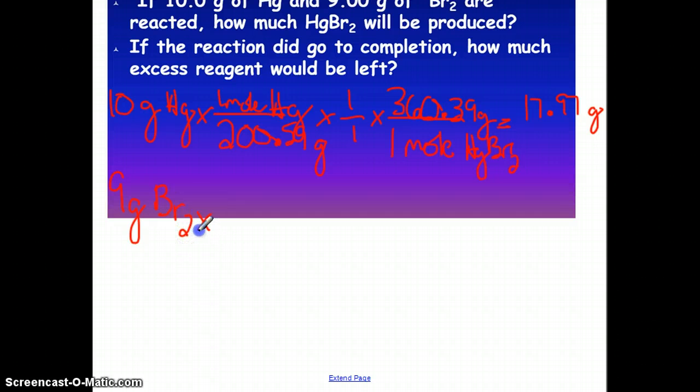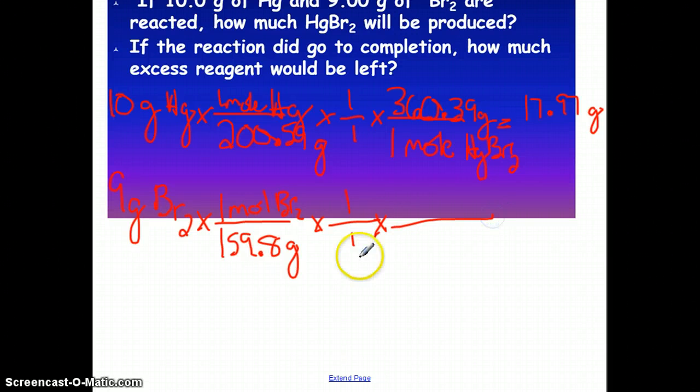Okay, molar mass of Br2 on bottom, which is 159.8. And just like in the previous problem, because all we're dealing with is 1-to-1 ratios, I'm just going to put 1-to-1.